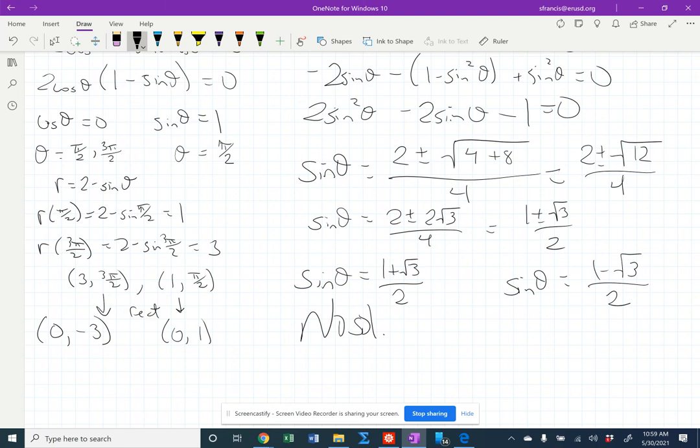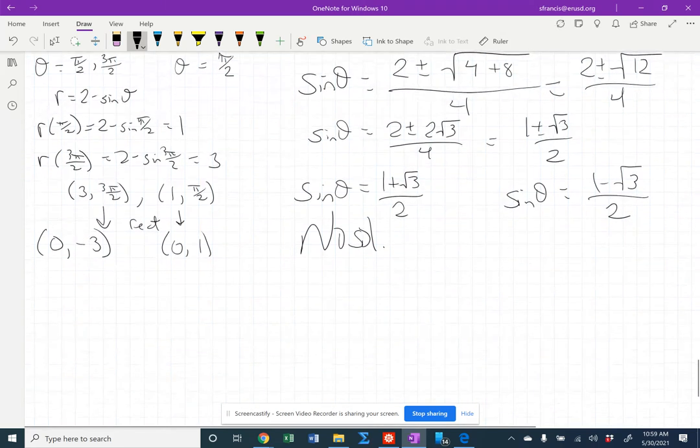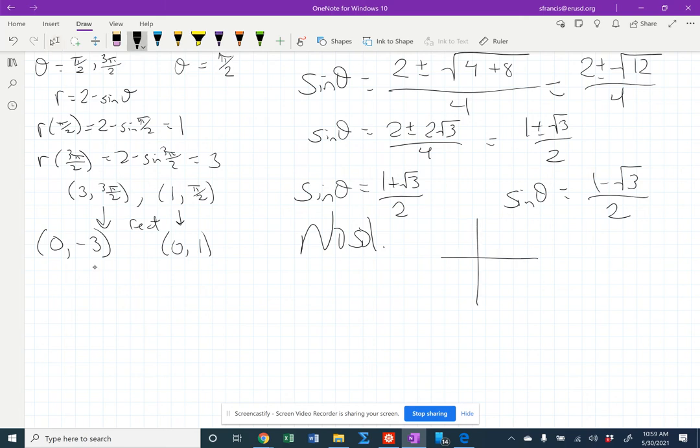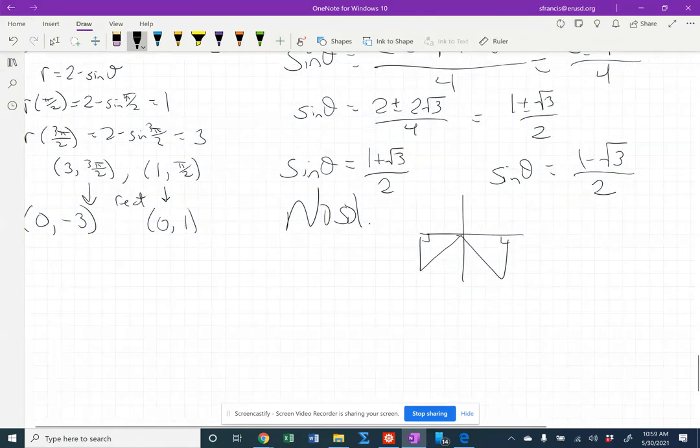We're going to need to use some inverse trig functions. This is going to be negative, and so sine could be negative over in the third and the fourth quadrants like this. This is more involved than I wanted it to be.